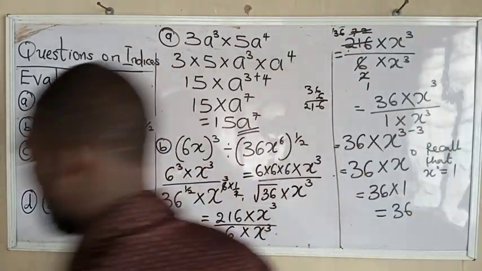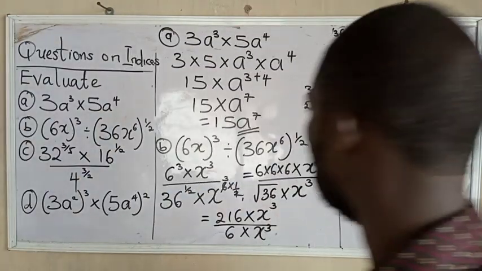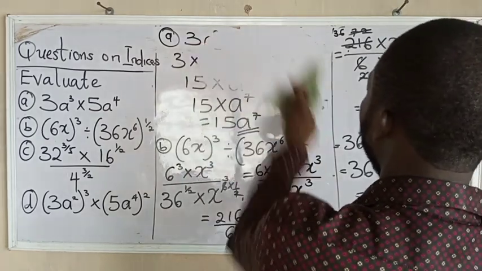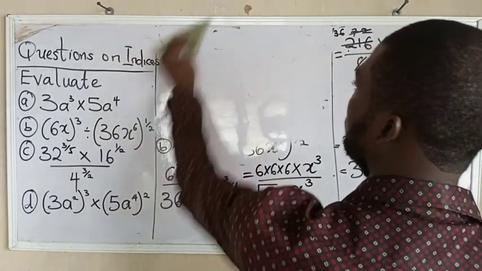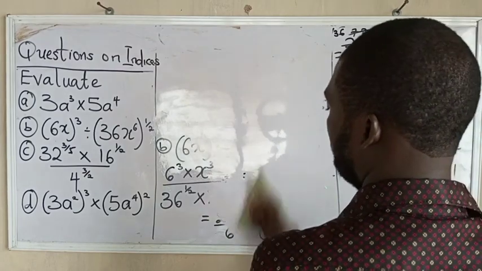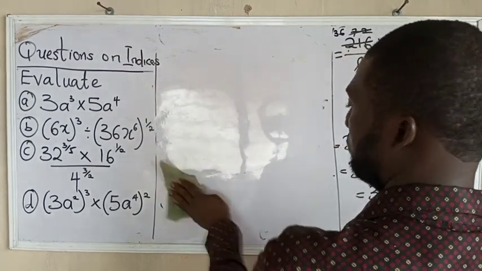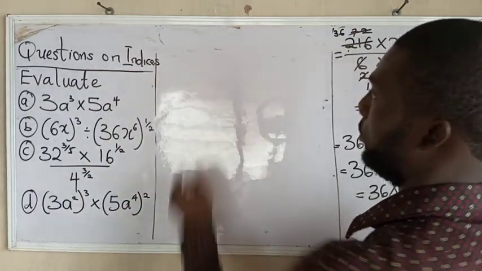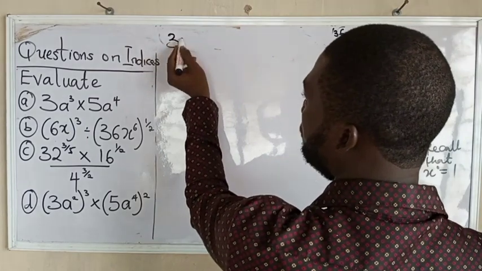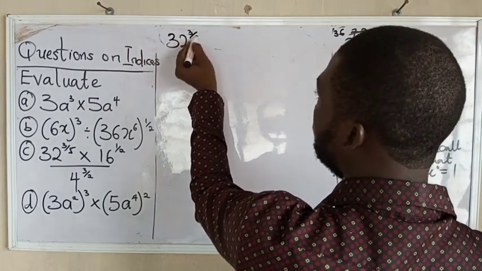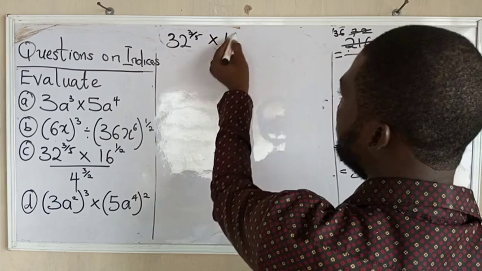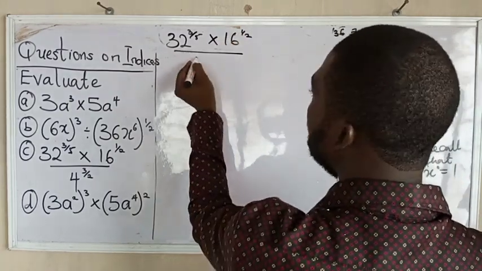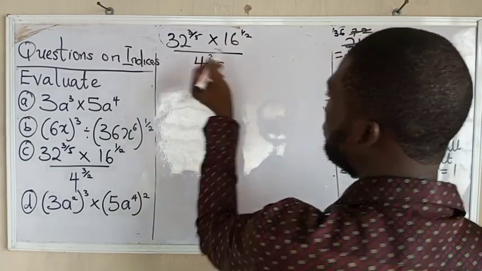Now we proceed by moving on to the third question. The third question is 32 raised to power 3 over 5 times 16 raised to power 1 over 2 divided by 4 raised to power 3 over 2.